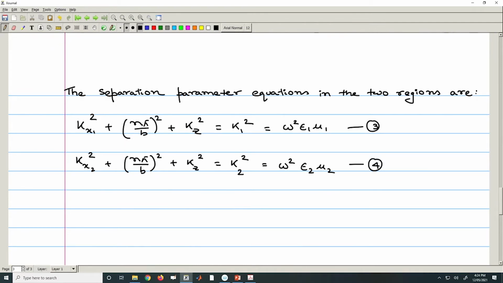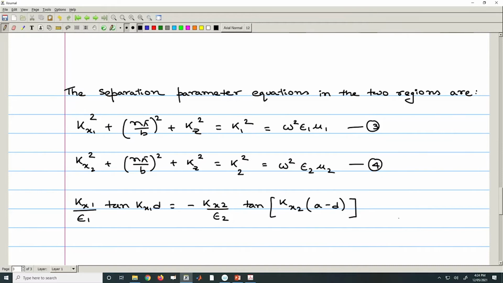Then we can find out the fields, and after imposing the boundary conditions and matching at the boundary, we can write kx1 upon epsilon 1 tan of kx1 d equals minus kx2 upon epsilon 2 tan of kx2 times a minus d.